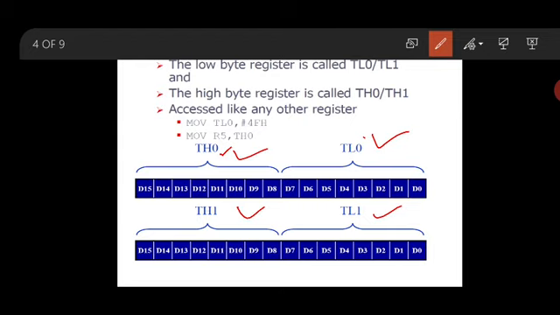If I say TL0, that is the lower byte of timer 0. If I say TH0, which timer am I using? Timer 0, and which byte? The higher byte. T for timer, H for higher byte, 0 for timer 0. Simple coding, as simple as that.